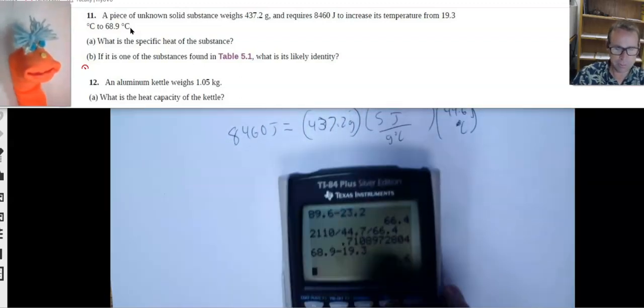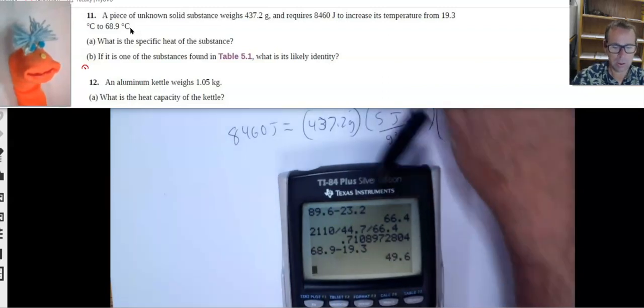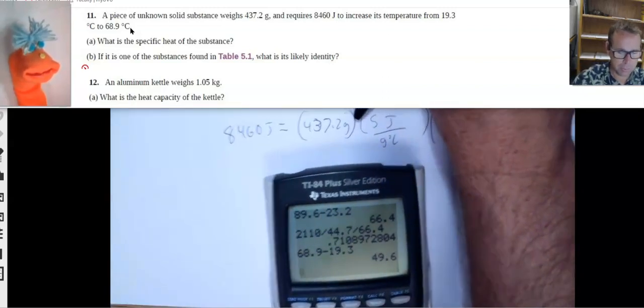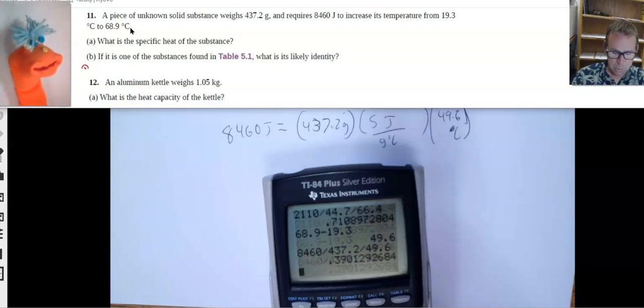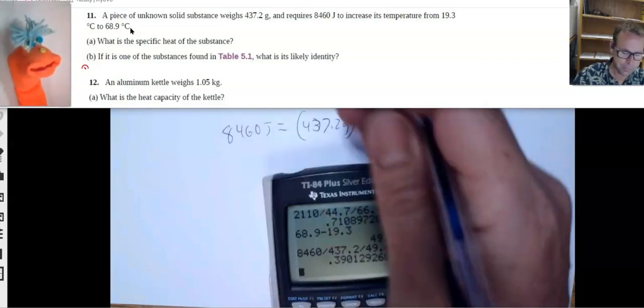Okay, so 8460 divided by 437.2 divided by 49.6. Okay, 0.390.